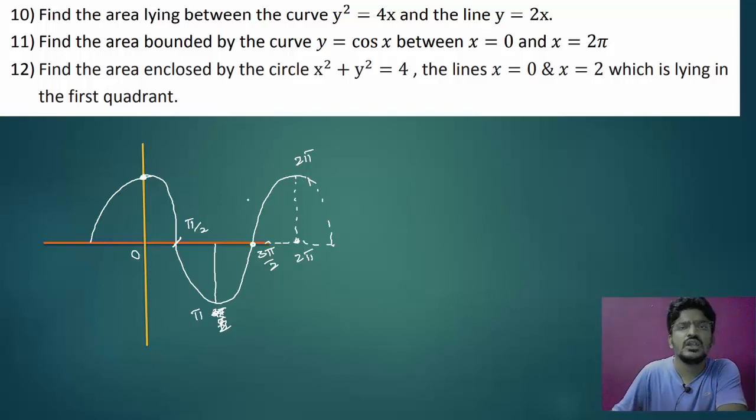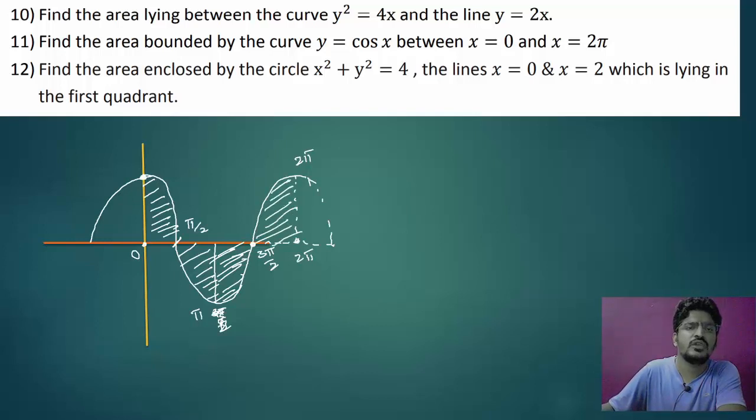Clear? Now they are asking to find the area between 0 to 2 pi. So this is 0, so this area bounded with 0 to 2 pi they are asking. Clear? My dear students, here you have to be very careful, because you have 4 bounded curves: from 0 to pi by 2, pi by 2 to pi, pi to 3 pi by 2, 3 pi by 2 to 2 pi.